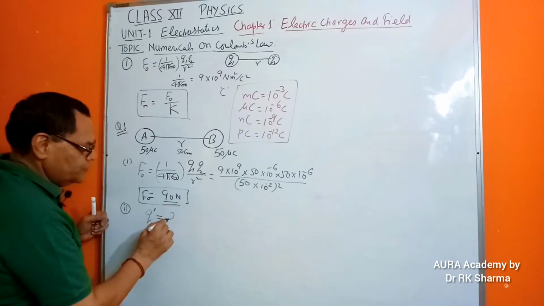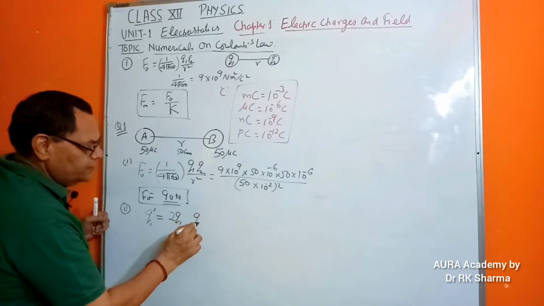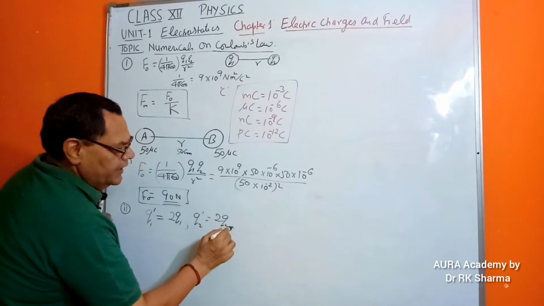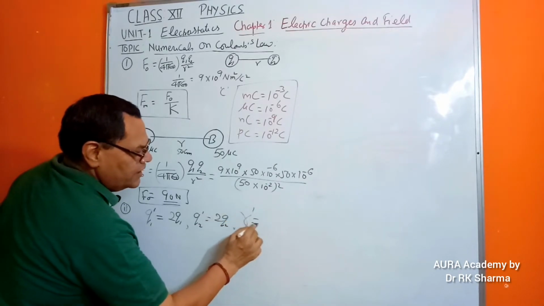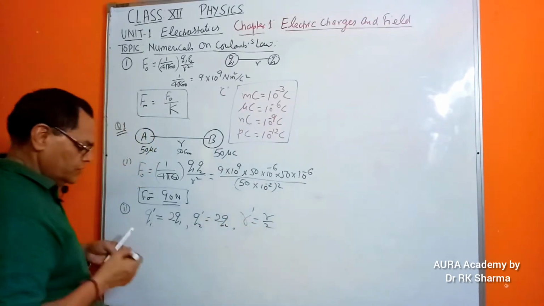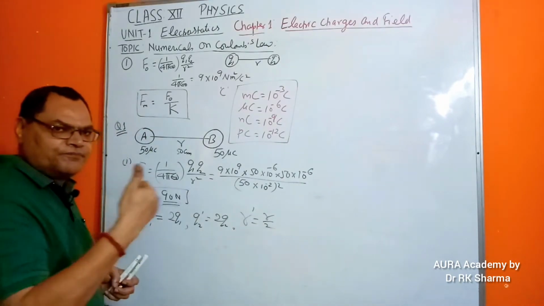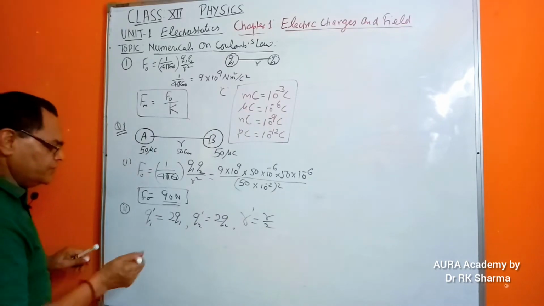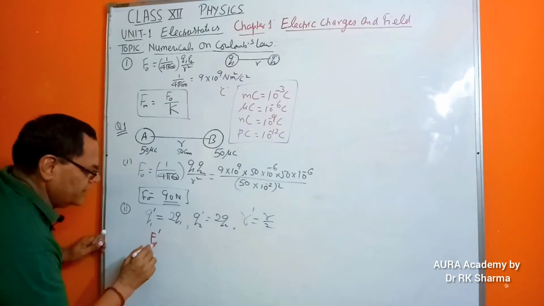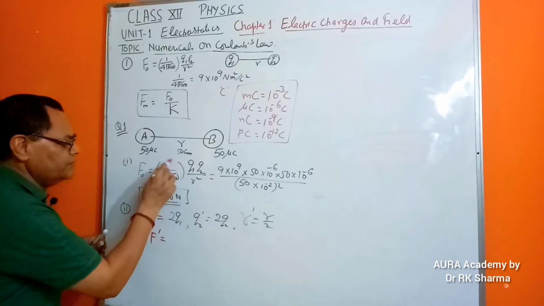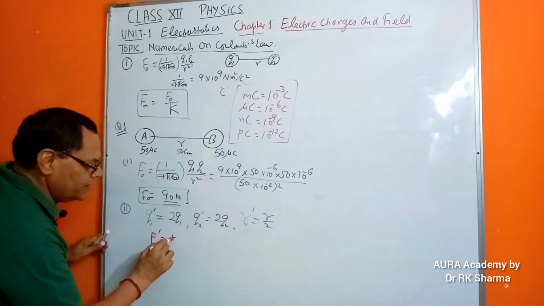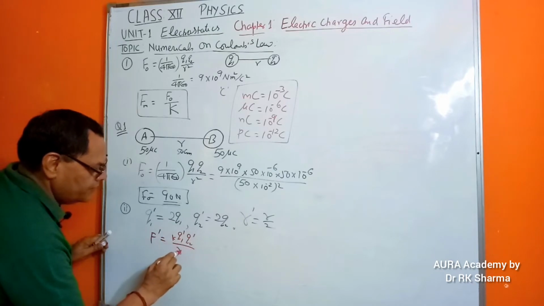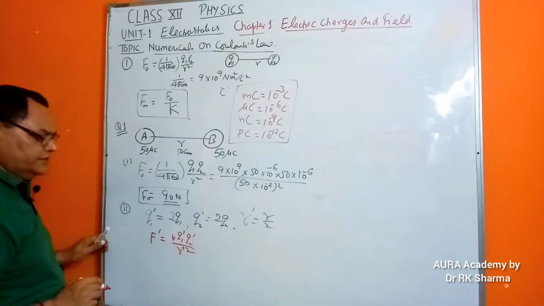So Q1 dash is twice of Q1, and Q2 dash, the new charge on the second sphere, is twice of Q2, and the new distance R dash is simply R by 2. So the dash we are considering as the new values of the charges and the distance. Therefore the new force F dash is equal to k Q1 dash Q2 dash upon R dash square.